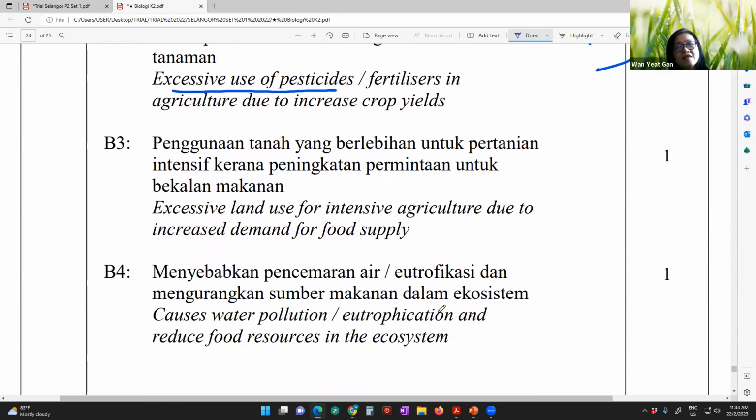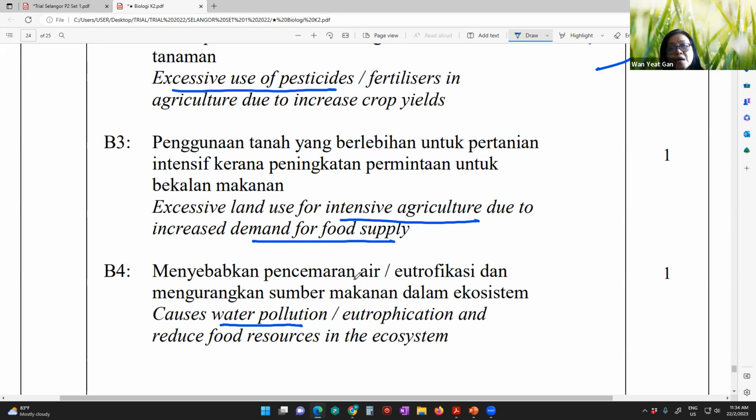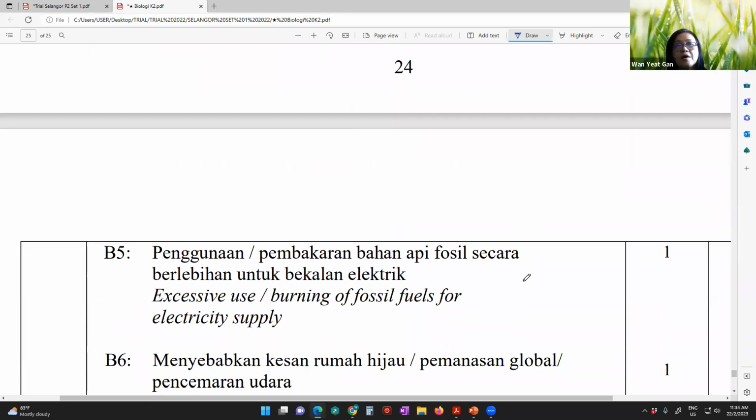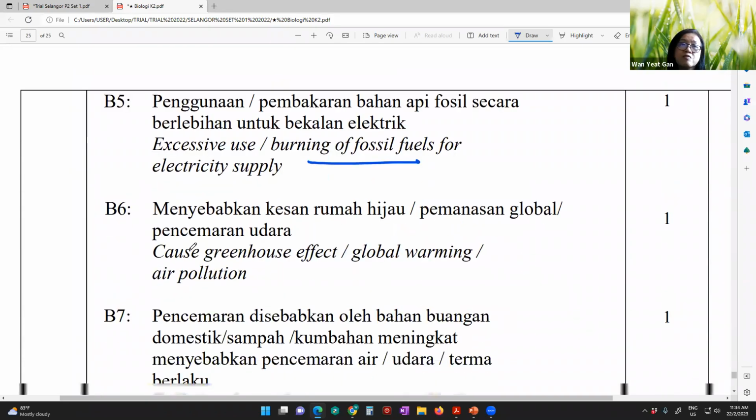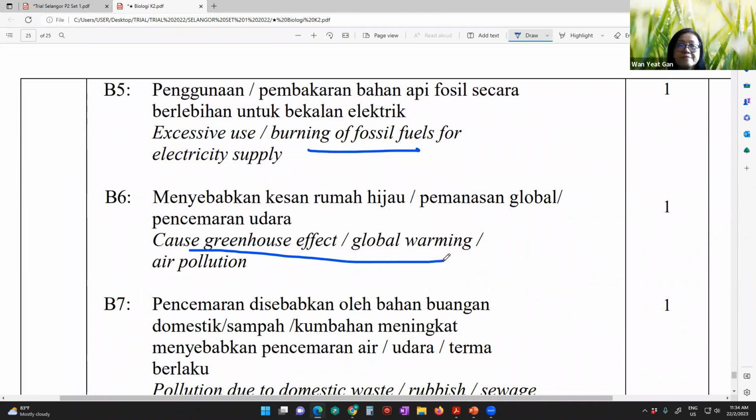Next, excessive land use for intensive agriculture will increase demand for food supply. Okay, and because of the increase in food supply, you can get a lot of other associated problems like water pollution and excessive use of fossil fuel, burning of fossil fuel, which leads to the greenhouse effect and global warming.